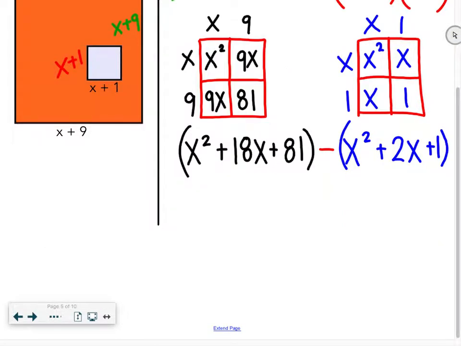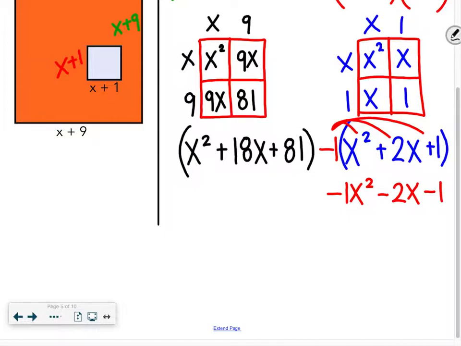Now we go back to what we did in 8.1, where we have to subtract these two polynomials. When we're doing subtraction, we have to distribute a negative 1. So now we have a negative 1x squared, a negative 2x, and a negative 1.